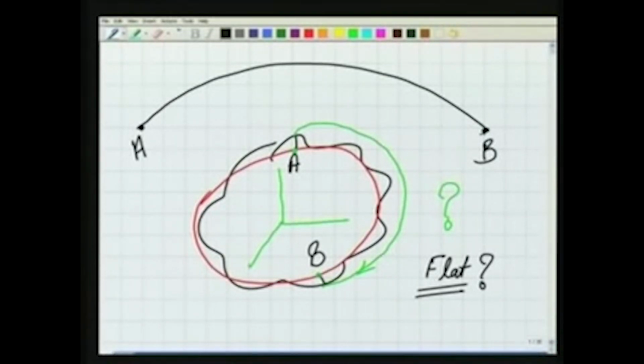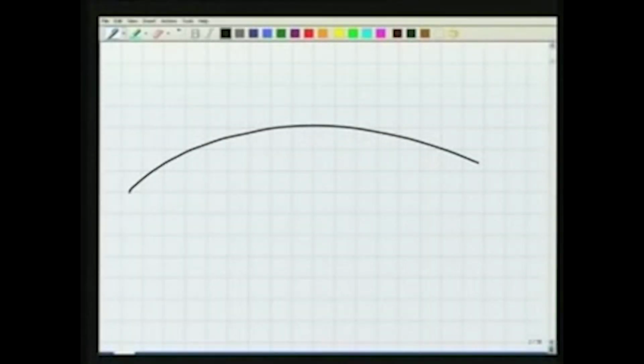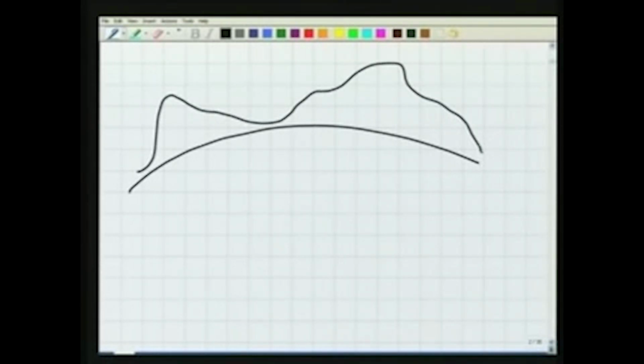I am going to give you one little diagram here. Well, if I take a little part of the earth here, there are some features over the surface of the earth. What I do, I draw a tangent at any point. For example, let us say here I draw a tangent to the surface of the earth.